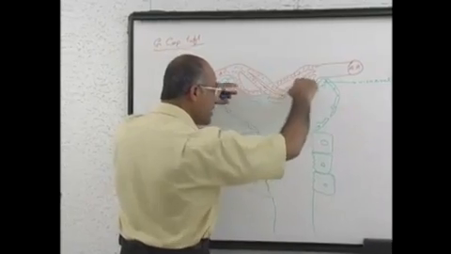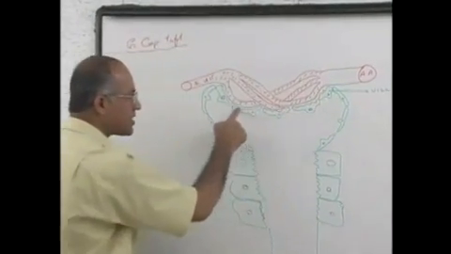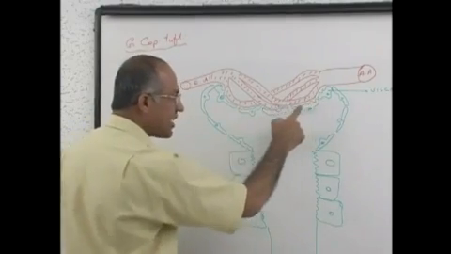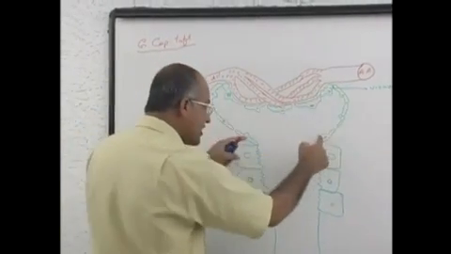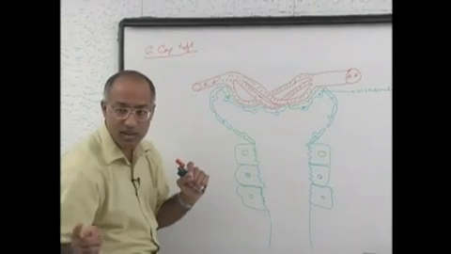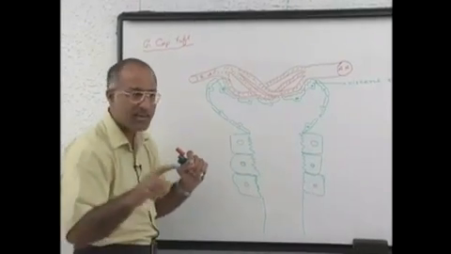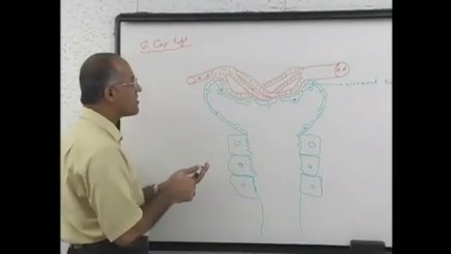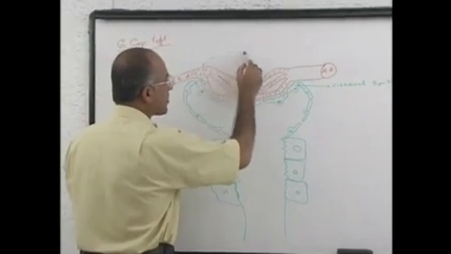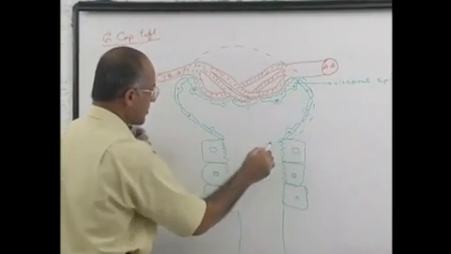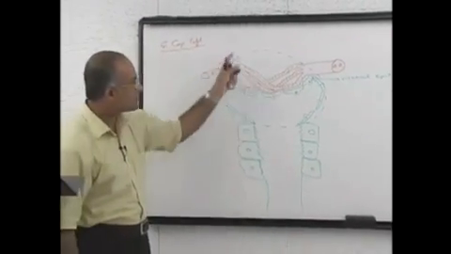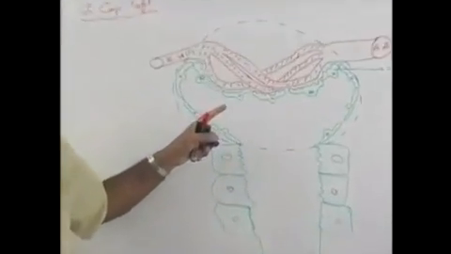One layer is the visceral epithelial cells, and the other layer is called the parietal epithelial cells. And this whole structure is called the glomerulus.